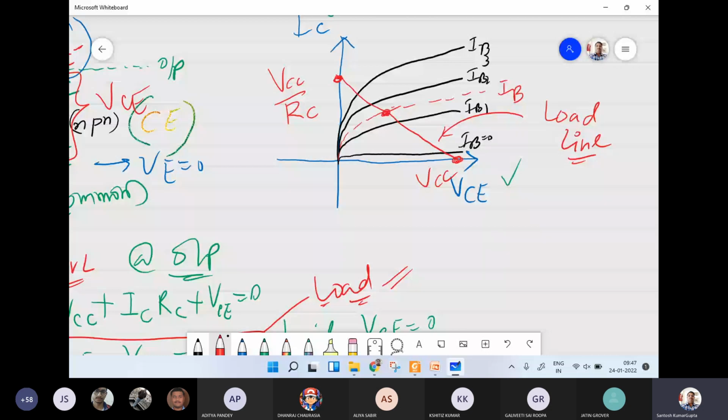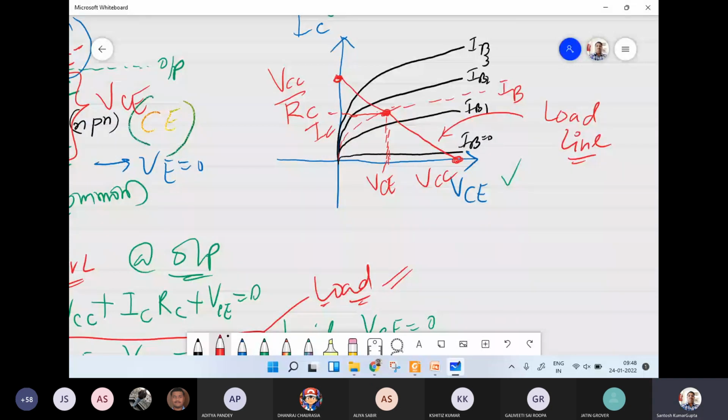gives the solution of the particular value of voltage at the output and particular current at the output. So IC and VCE, we get some particular value of this.